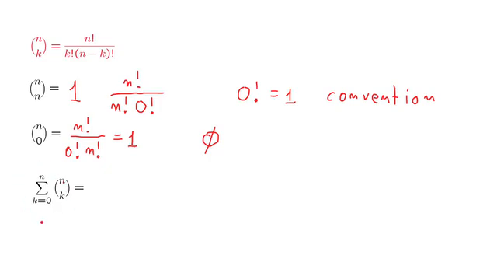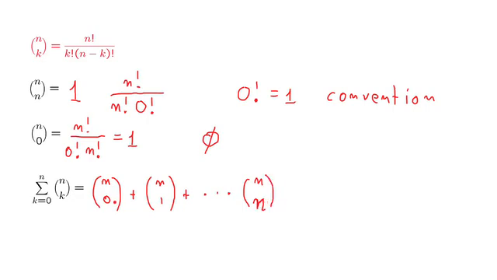Let us try to think what this sum is all about. This sum includes this term, which is the number of 0 element subsets. This number, which is the number of subsets that have 1 element. And we keep going all the way to the number of subsets that have exactly n elements.